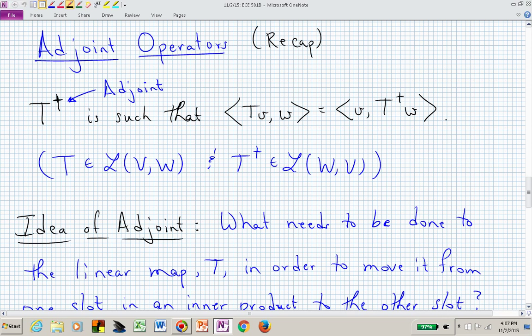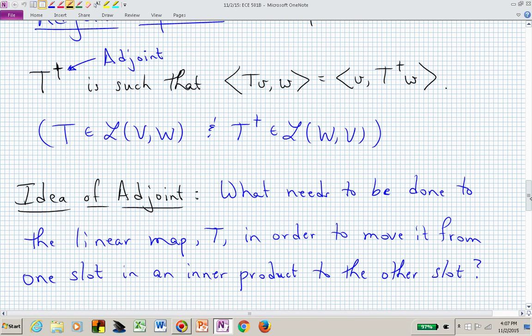Where T is a linear map between V and W, and T dagger is then going in the other direction from W to V. Which I've said before, this idea of an adjoint is, how do you move this linear operator, or linear map? I shouldn't say operator because it doesn't have to be an operator. It could be a linear map.